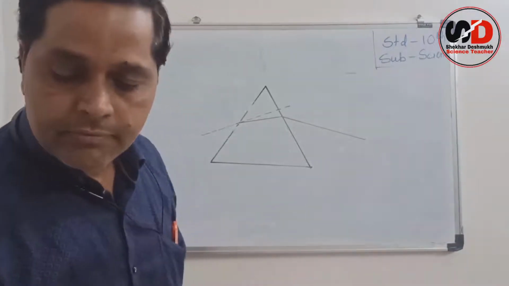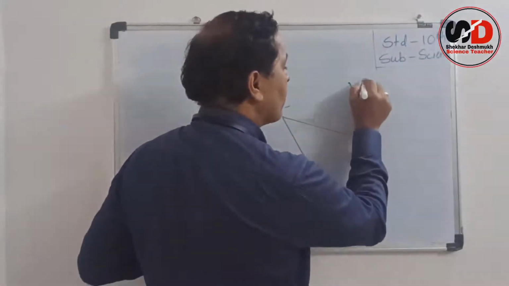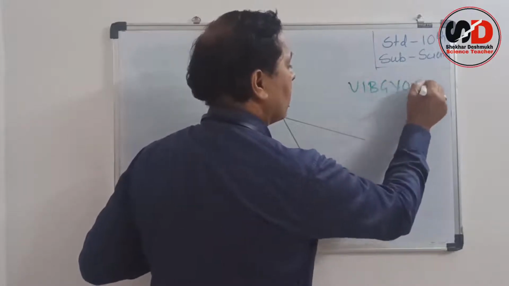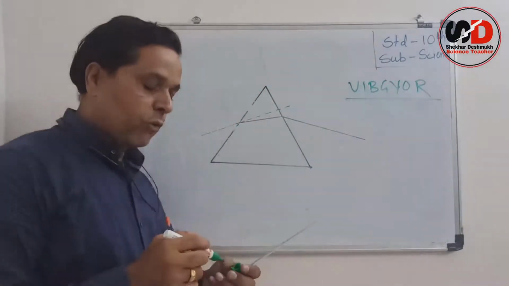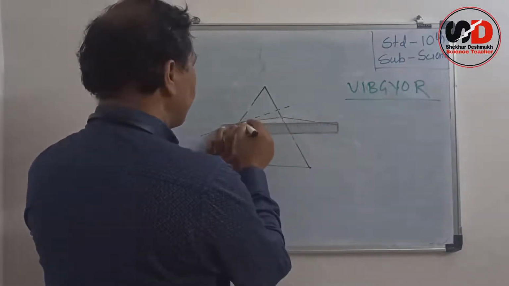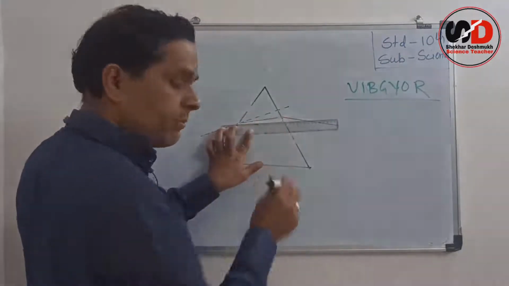Then all these colors that we know, Vibgyor, remember this short form. All other colors, they also get separated, and the separation is from this point.